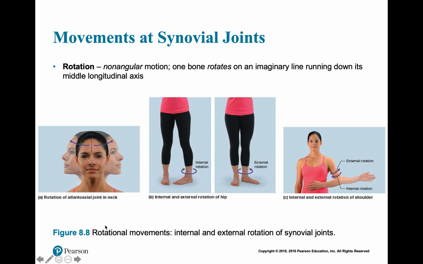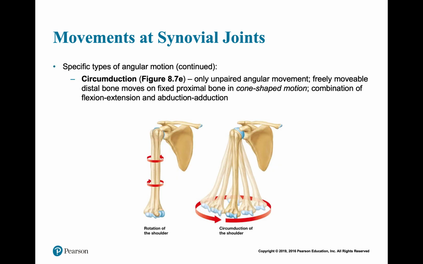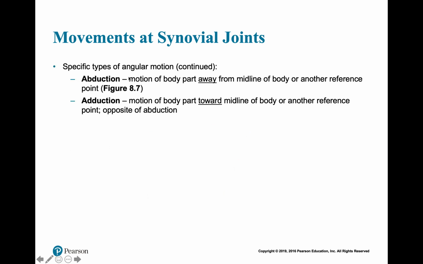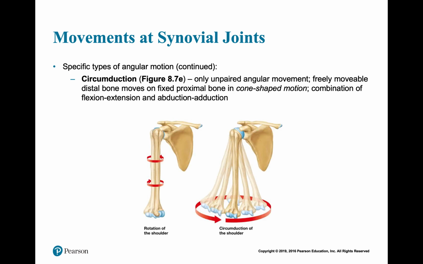C1 and C2. I could describe these movements to you, very similar to how the PowerPoint slides describe them, and you will have to tell me whether it is flexion, extension, abduction, adduction, circumduction, rotation, opposition, reposition, things like that.